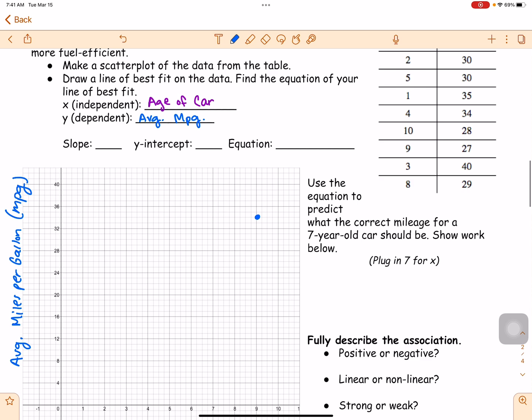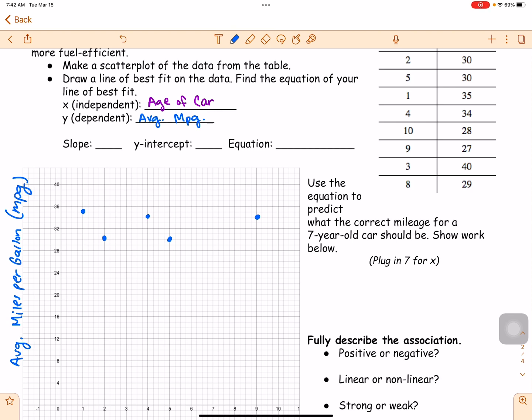2-year-old car, 30 miles per gallon. So 2 years, let's go up to 30, which will be in between 28 and 32. Then we have a 5-year-old car that also gets 30 miles per gallon. And a 1-year-old car that gets 35 miles per gallon, so it's going to be right there. 4-year-old car gets 34.